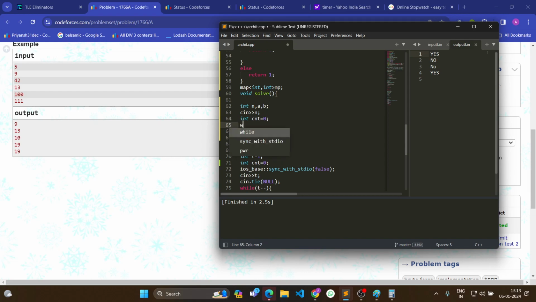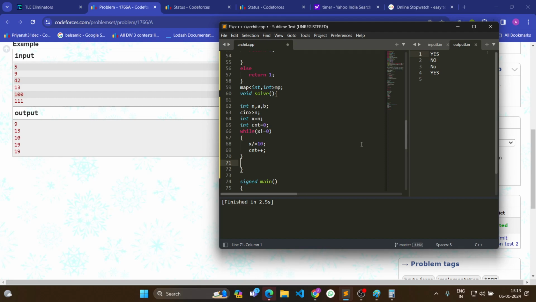Count is equal to 0. x mod 10, while x is not equal to 0, x divided equals 10, count plus plus. So this is the number of digits that are present in n.